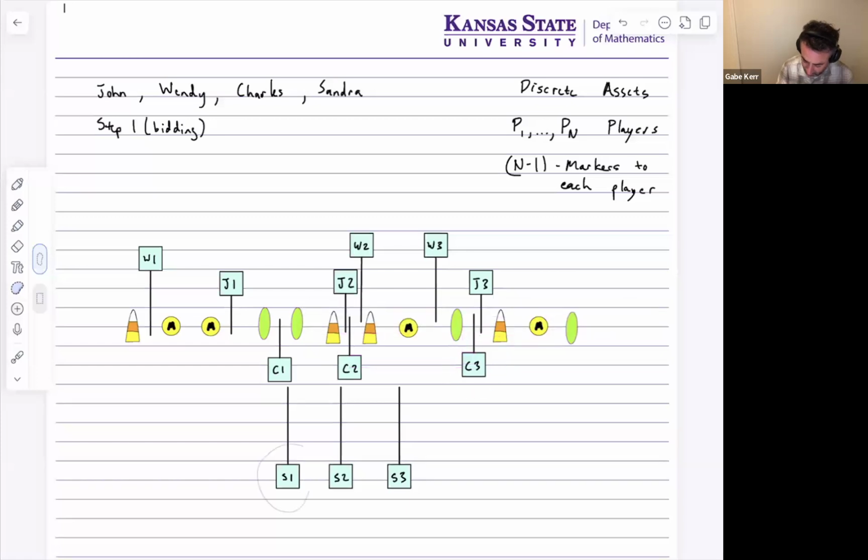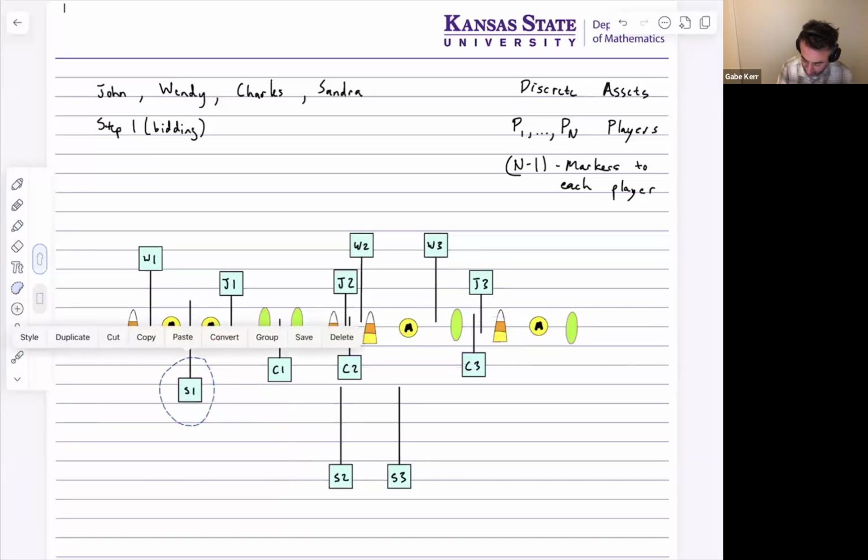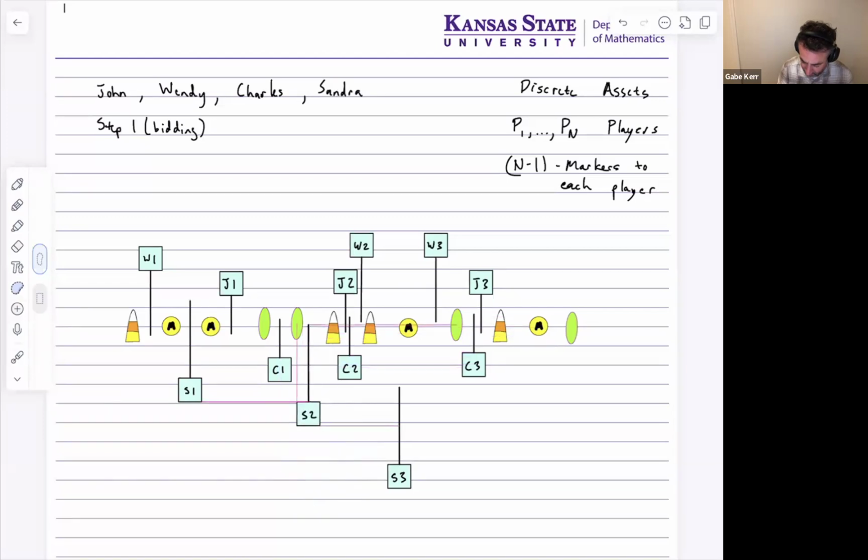And then Sandra likes candy corns and M&Ms, but she really doesn't mind jelly beans either, so she'll put that in here. Well, we'll say candy corn and M&Ms. For some reason, Sandra's chosen this. All right.